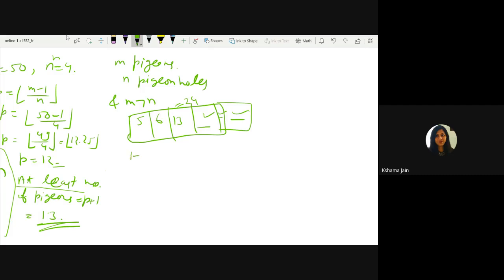First statement: find the pigeonhole having the least number of pigeons.